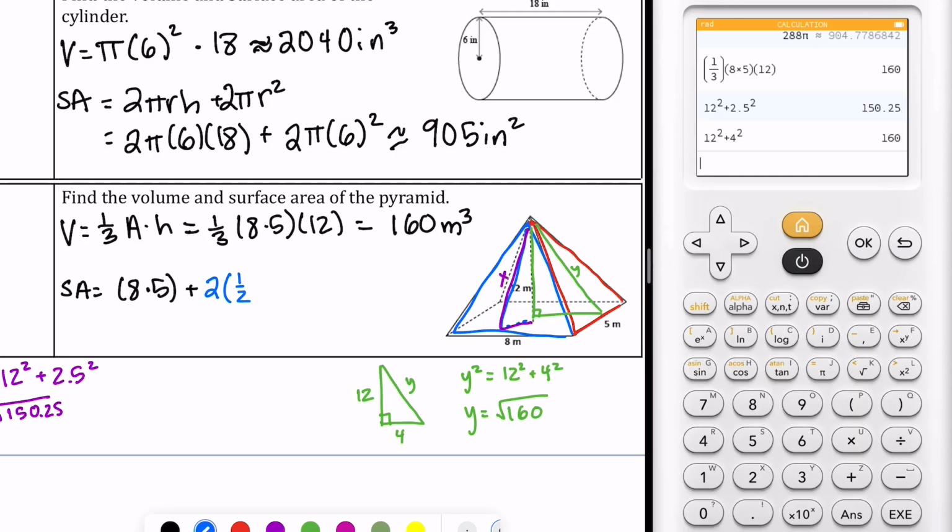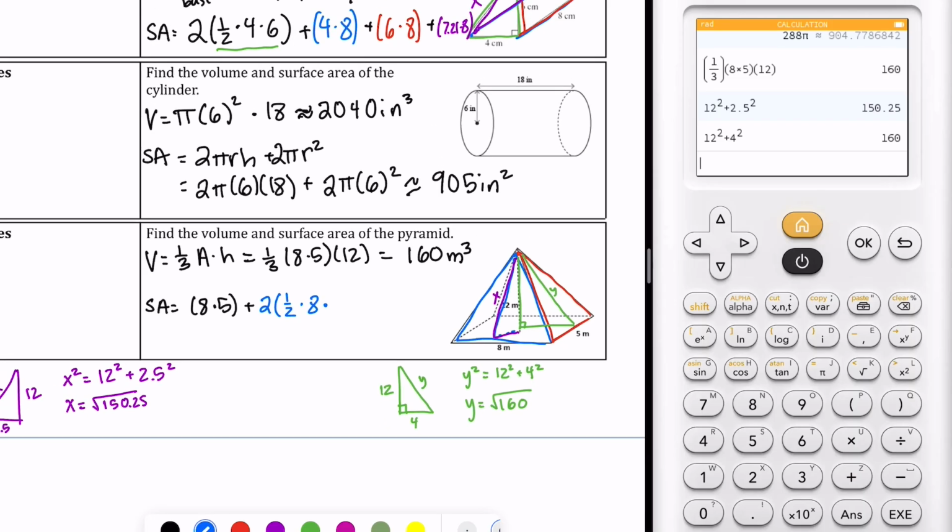So those will end up canceling out, but I'll write it all out. So 2 times 1/2, 8 times, and then remember we're not using 12 for the height because 12 is not the height of this triangle. The height of that triangle is this right here, the hypotenuse of the purple triangle. So square root of 150.25.